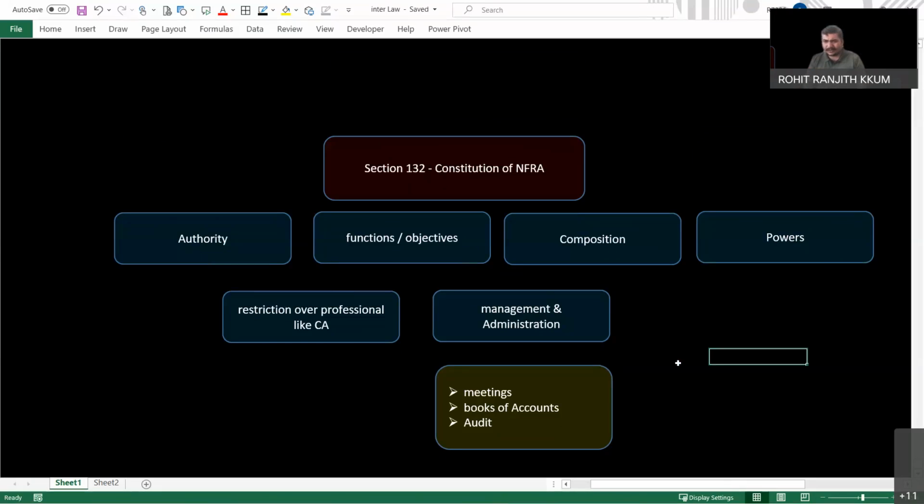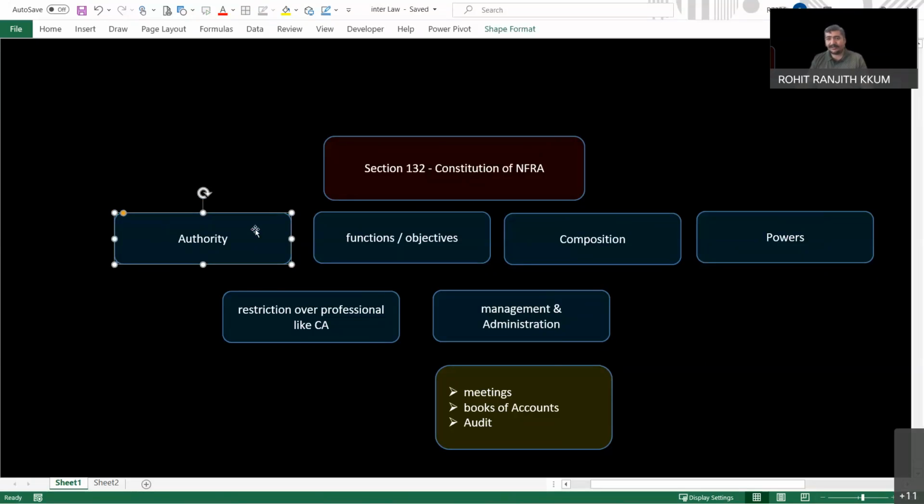So quickly let's have a brief about section 132 and then I'll go to the main section 132 and we will read each and every paragraph and see what it is trying to say. So guys, just like 135, 132 is also one of the largest sections. First of all, who has the authority to establish? Answer is central government.